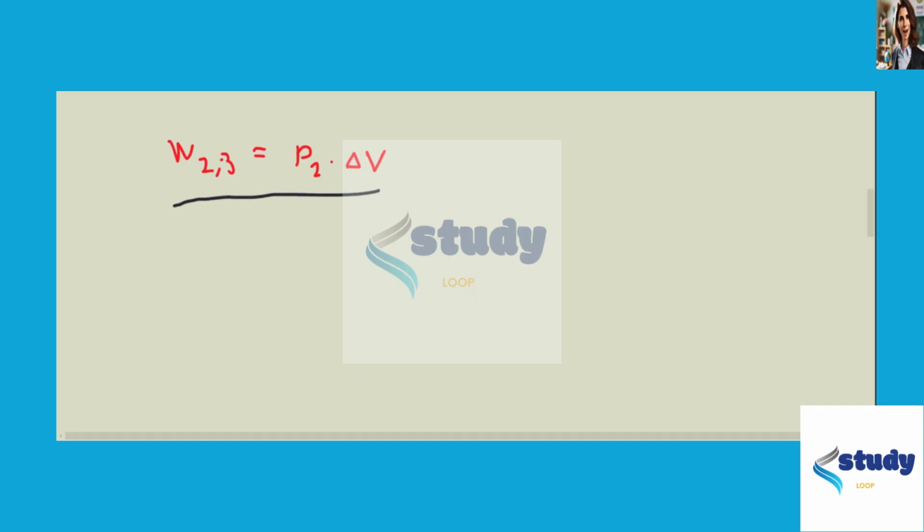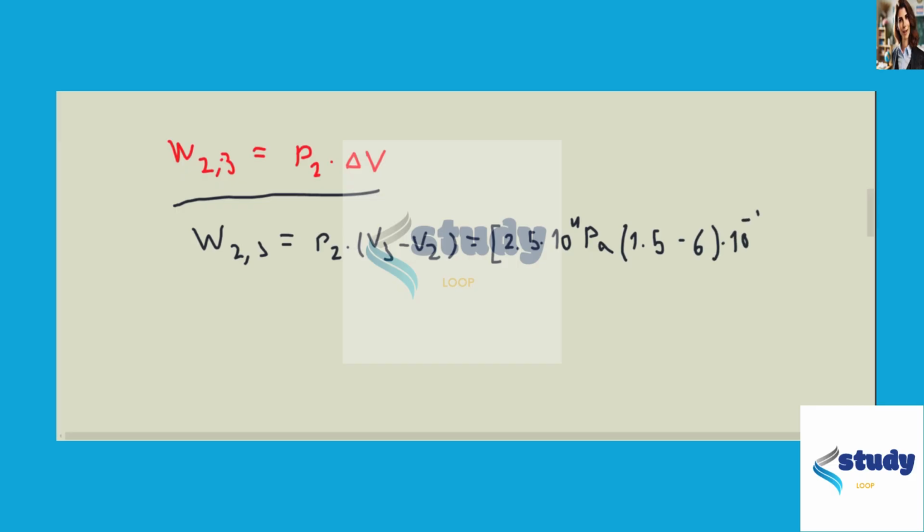So we can evaluate the change in volume from point 2 to point 3 as V3 minus V2, and then substitute the known values to find that this is equal to 2.5 times 10 to the 4th power pascals, and in brackets we have 1.5 minus 6 times 10 to the minus 3rd.